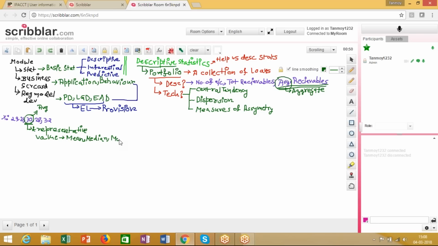Now, if you think about all these three measures, you will see that they do one thing. They give us a representative value which can be used to summarize the overall behavior of a variable x. Mean gives us the average value, median gives us the middlemost value, and mode gives us the value which is most repetitive in the data, so the value which has the highest frequency.